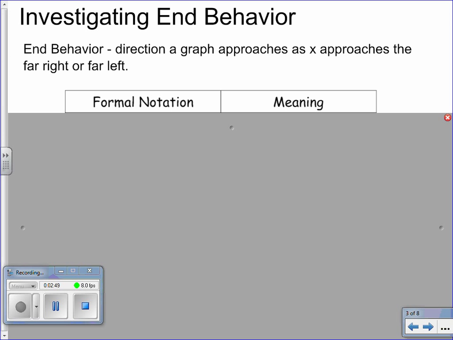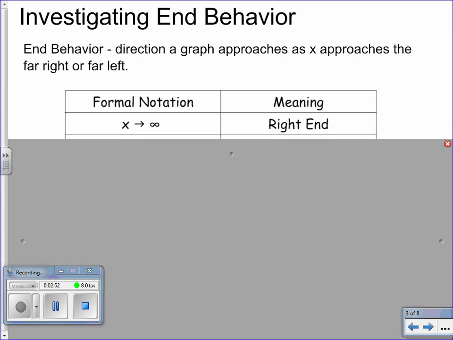The first formal notation we're going to see is x with an arrow and infinity. And that just means the right side or the right end. In red, I've written how you say that.